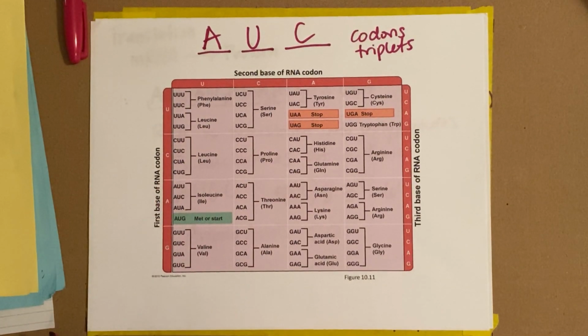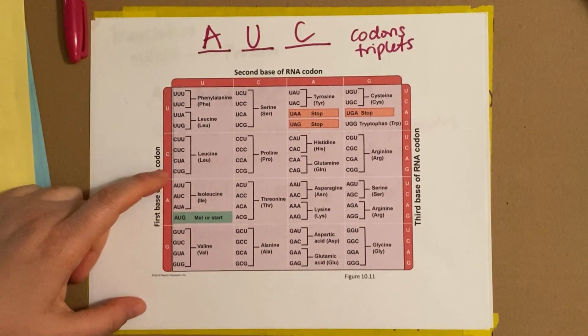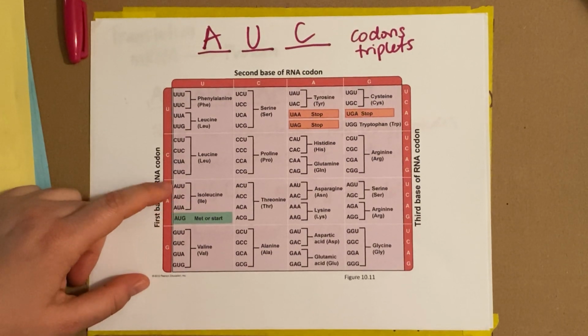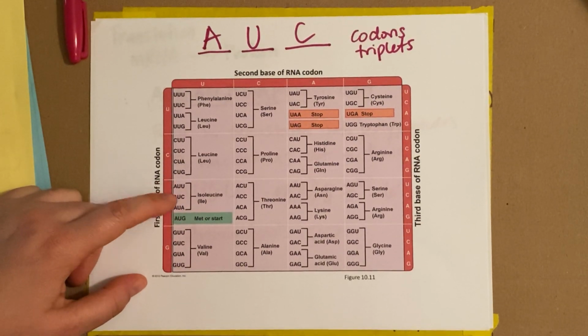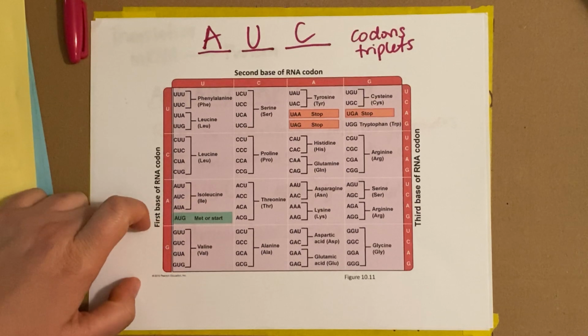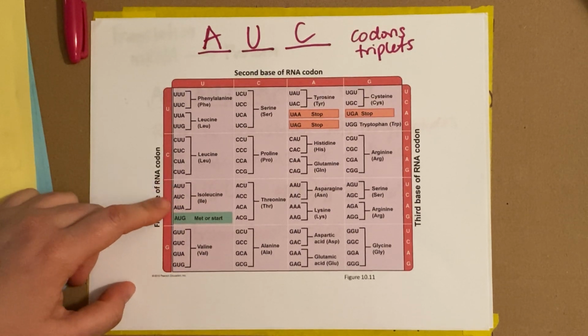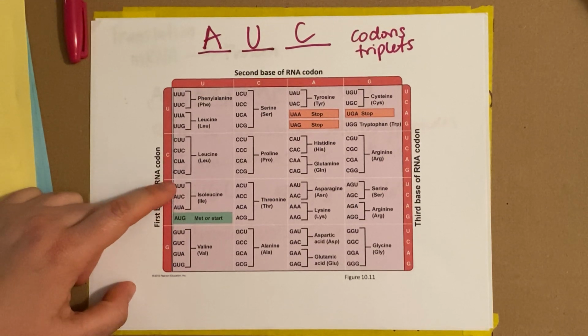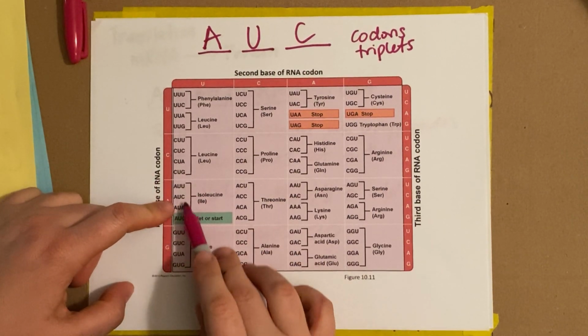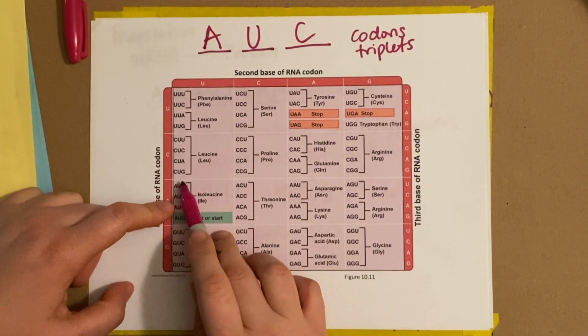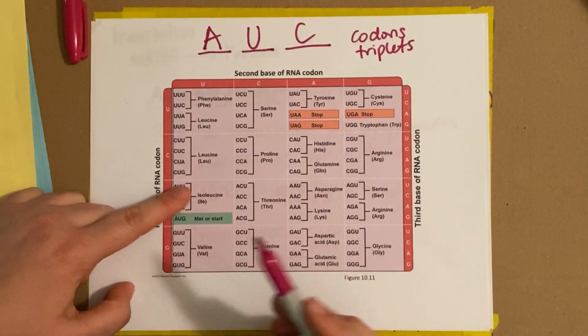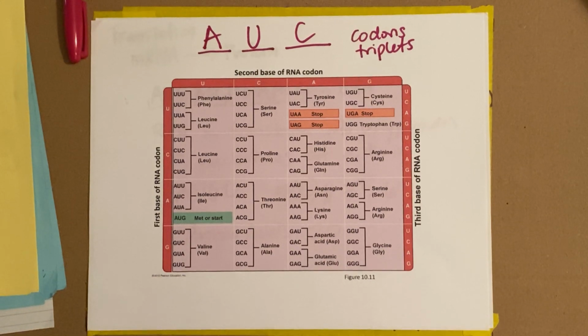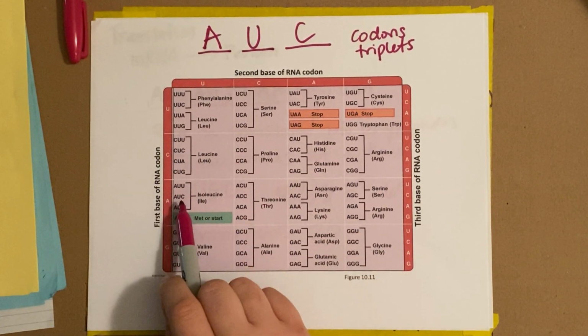What I want you to recognize is that you can actually have 3 different codons, or these 3-letter codes, that code for isoleucine: AUU, AUC, AUA. You'll notice that the first 2 letters are the same in all of these. It's the 3rd letter that is different. So this 3rd letter in the codon can be 3 possible things and still code for the same amino acid.